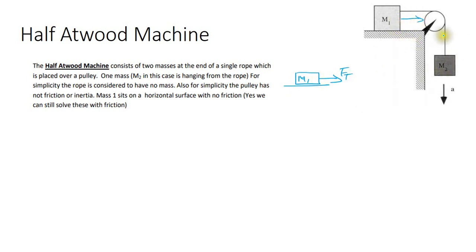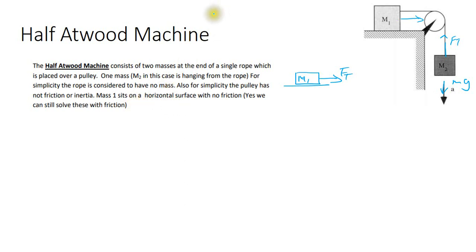If we're looking at M2, there's a tension force acting upwards, so Ft, and there's a weight acting downwards, which is Mg. Now let's look at the net forces acting on M1.